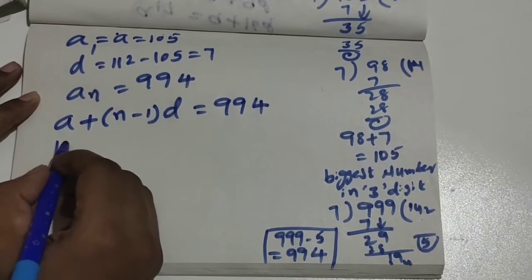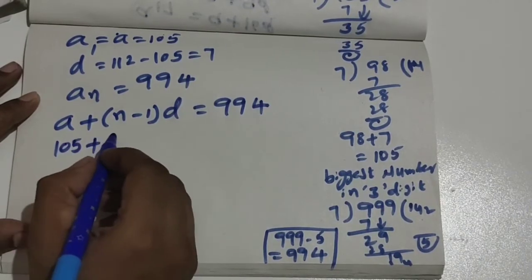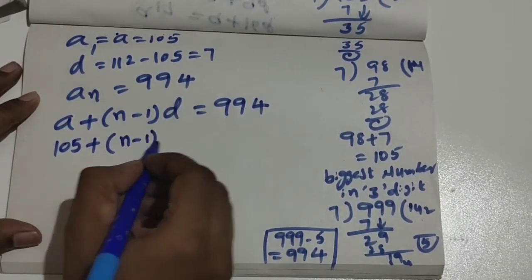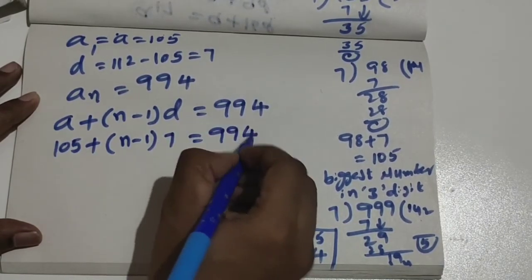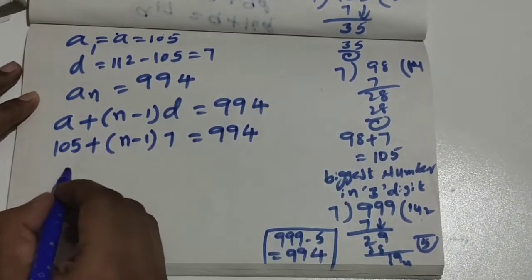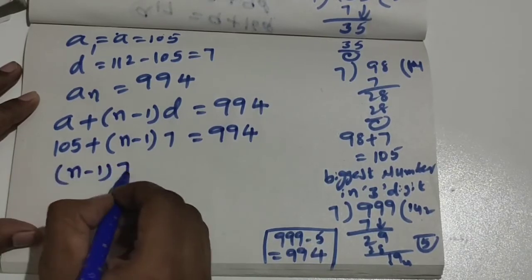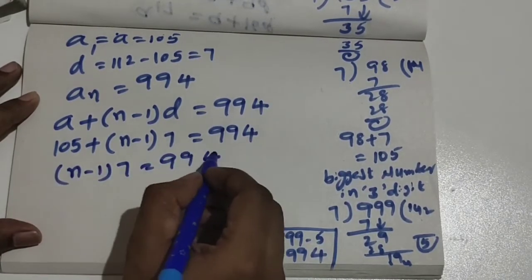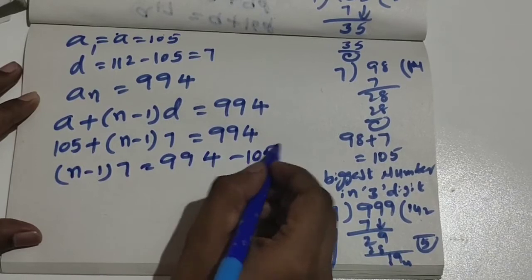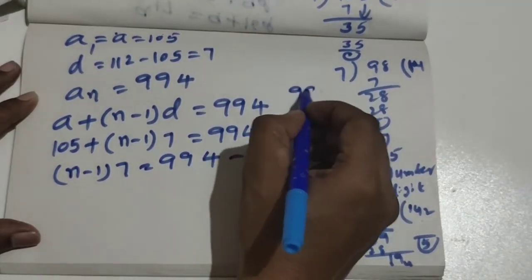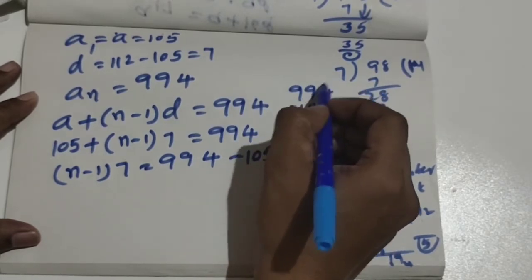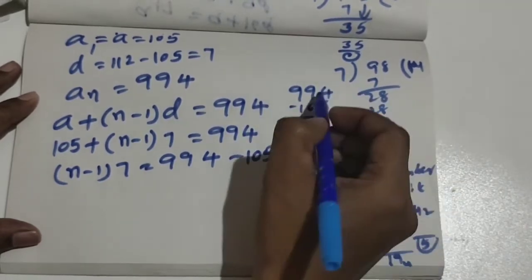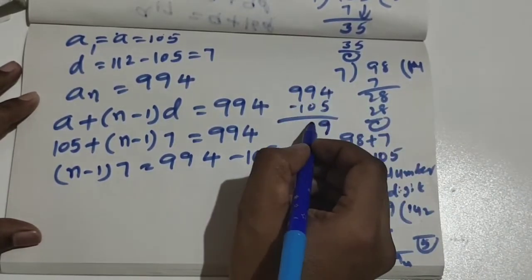So here the A value is 105, plus (n minus 1) into D, here 7, is equal to 994. Take this 105 to the right side. So (n minus 1) into 7 is equal to 994 minus 105. By subtraction we get 14 minus 5 is 9, 128 balance.